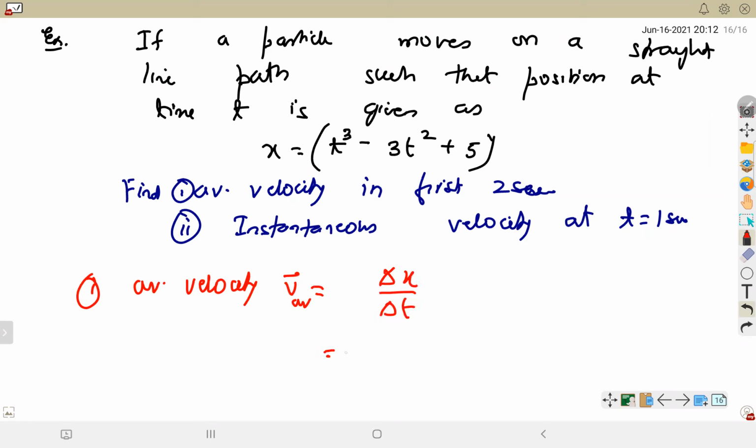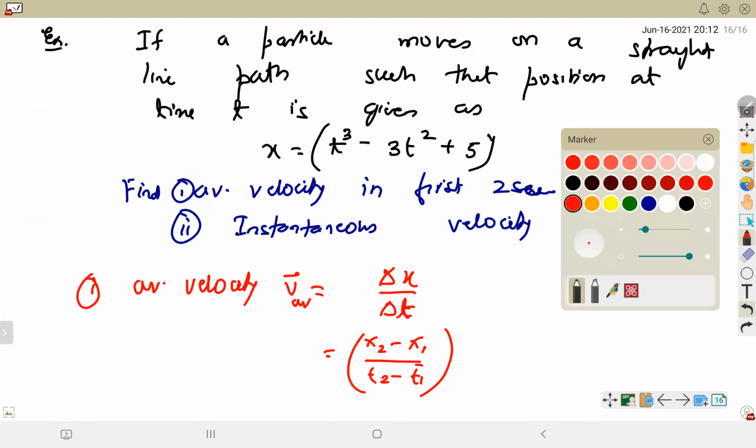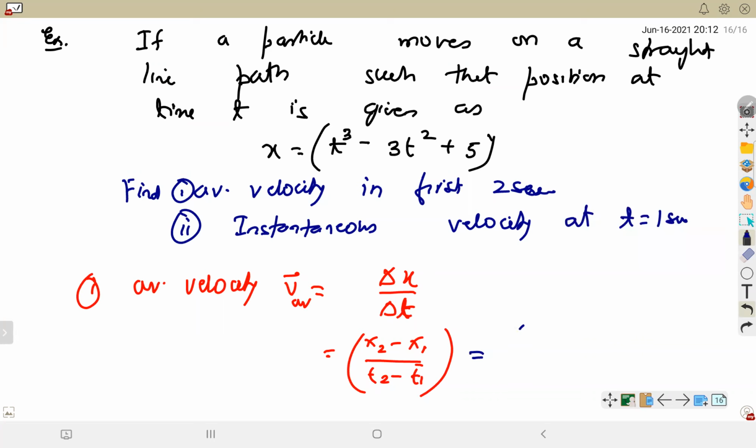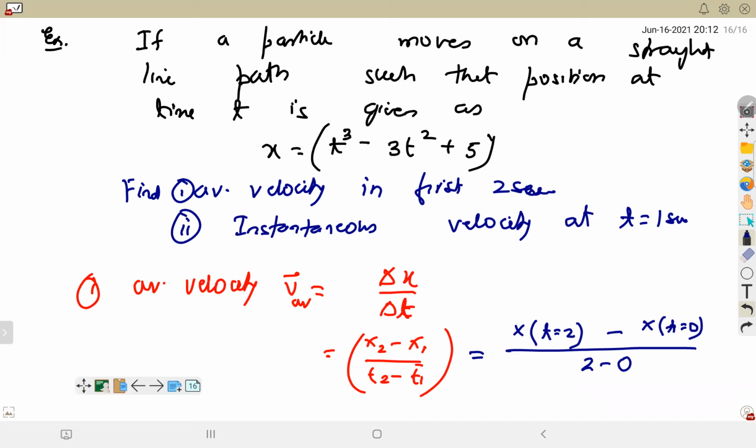Delta x will be x2 minus x1 divided by t2 minus t1. x2 is x at time t is equal to 2 seconds minus x at time t is equal to 0 seconds, divided by time taken, which is 2 minus 0. Substitute the value of t and then find the answer.